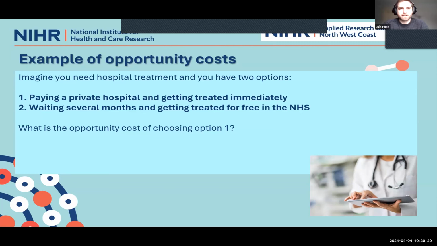Let's say, for example, that we were planning to go on a vacation to Italy, and because we are paying for this treatment in a private hospital, we don't have the money anymore to go on that vacation in Italy. So in this case the opportunity cost is not going to Italy on vacation.